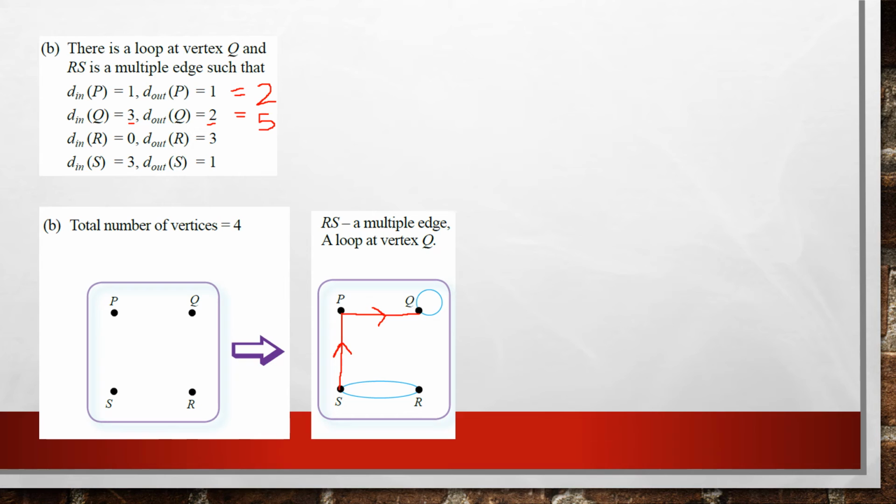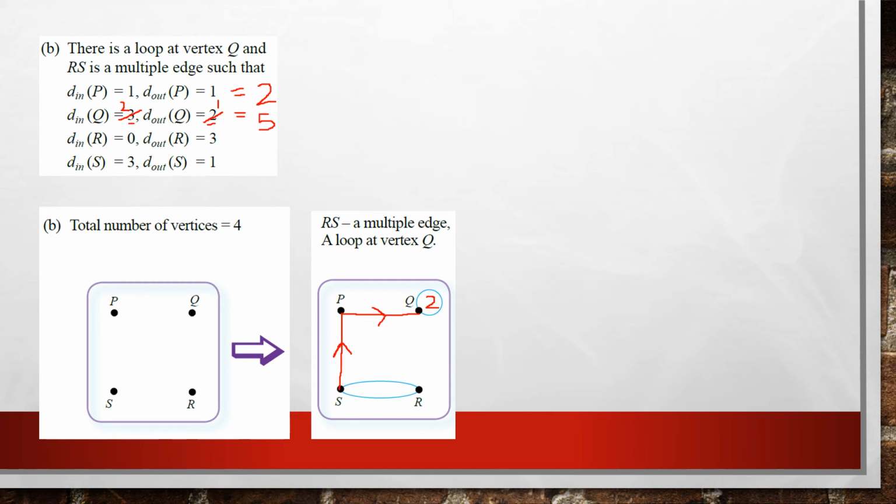Please take note, for a loop, the degree you calculate is always 2. That means you already have degree out 1, degree in 1 from the loop. So the total lines that you are going to draw are degree out 1 and degree in 2 after you subtract the loop. So now, where do you want to connect?